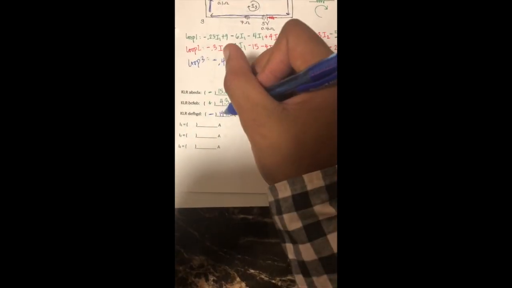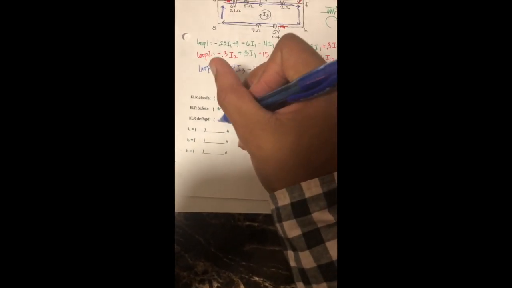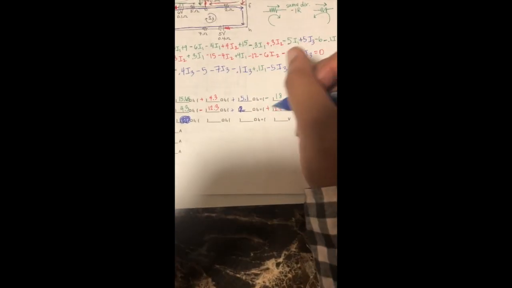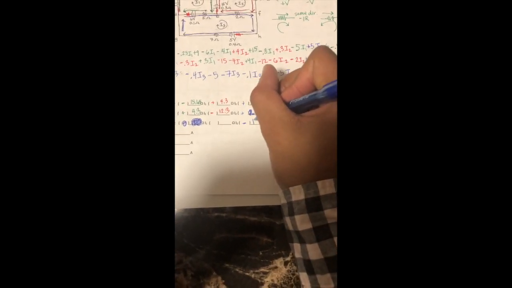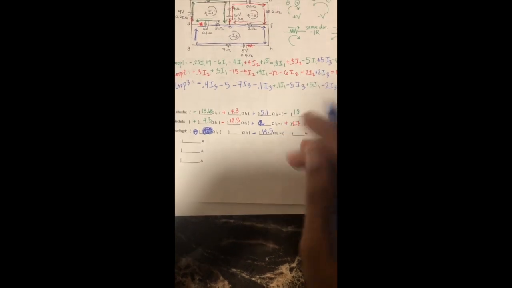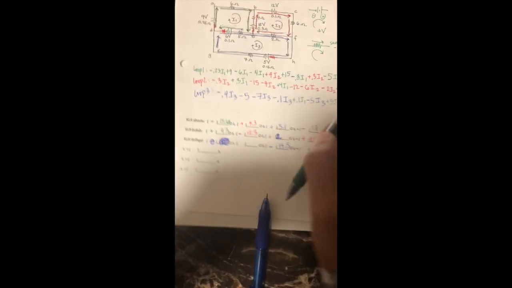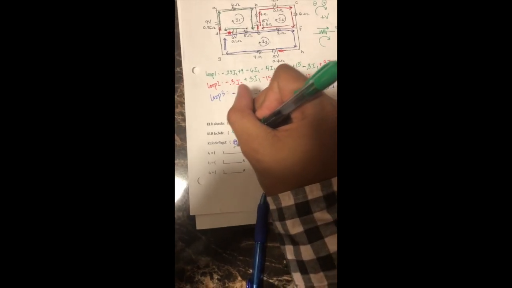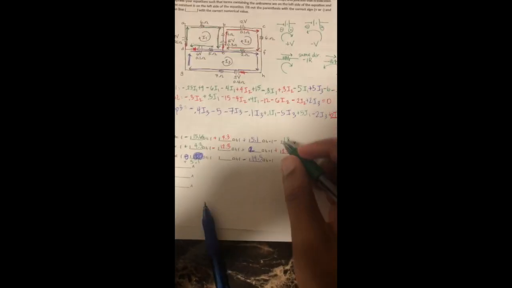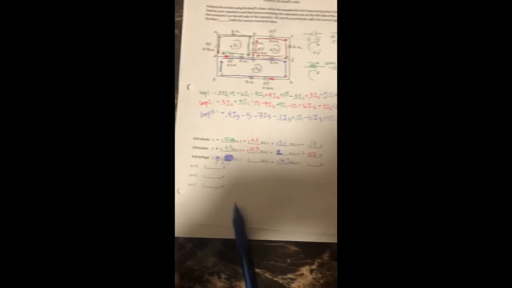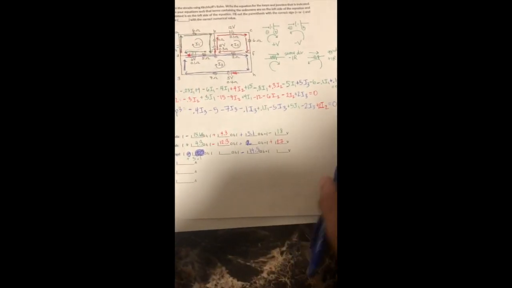Oops, sorry, I wrote that in the wrong spot. I wrote it in the I1 spot. So it's negative 14.5 for I3. And then for I1, it's going to be 5.1, so plus 5.1. And then for this red, it's going to just be plus 2.